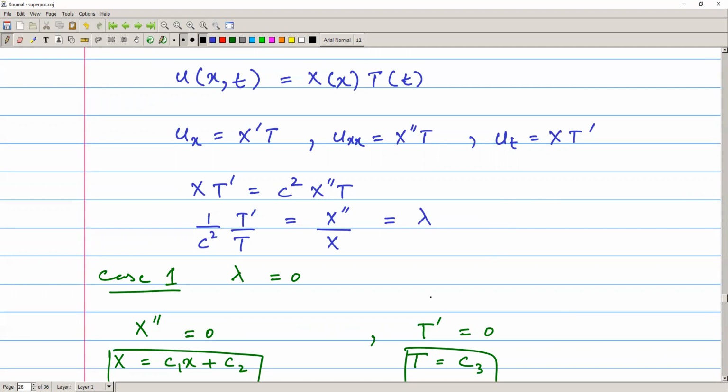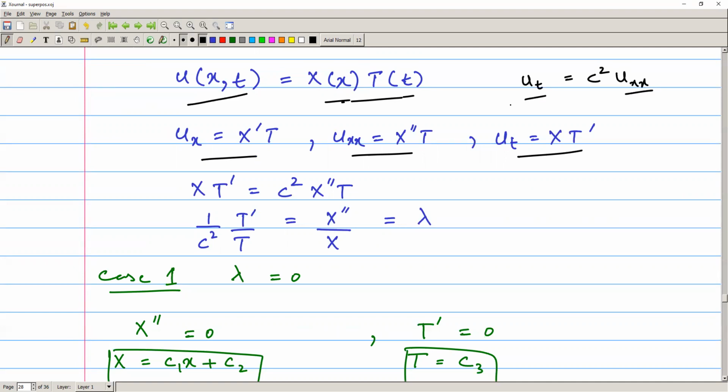So here is the method of separation of variables. We assume that u(x, t) is equal to the product of a function of x and a function of t. Therefore, we differentiate it with respect to x, and again with respect to x, and then with respect to t, because in our heat equation we have ut equals c squared uxx. So we need to find uxx and ut.